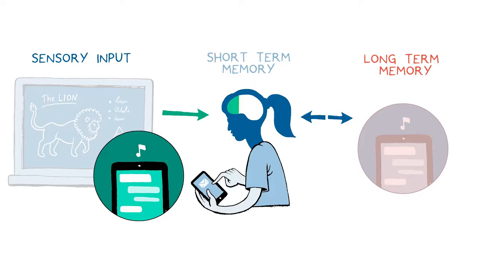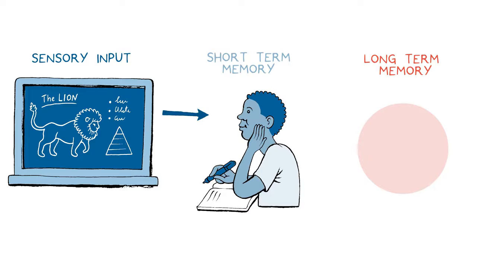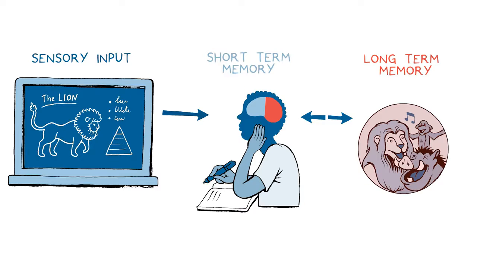However, she is paying attention and processing something in her short-term memory, but it's the wrong thing, the information on her smartphone. The second student also ends up attending very little to what the teacher is doing because his focus is on thinking about the Lion King.